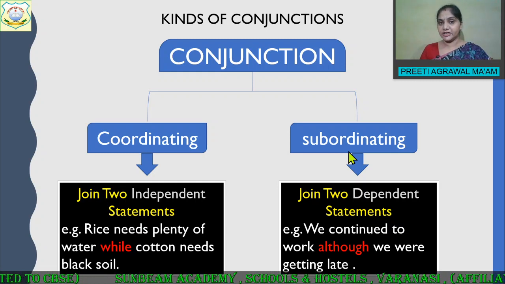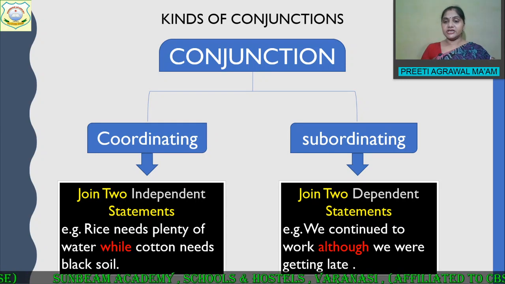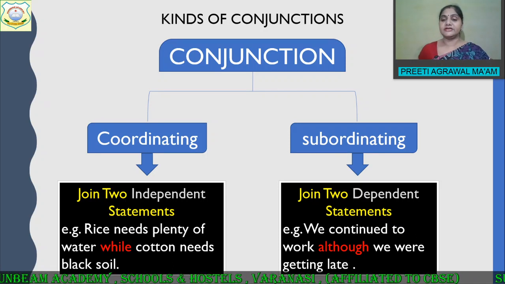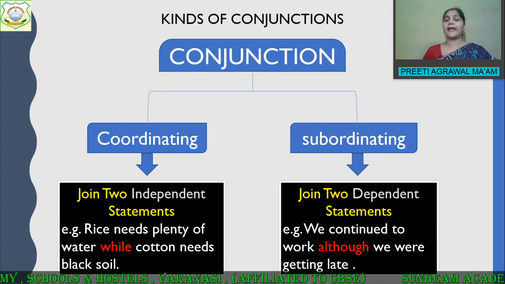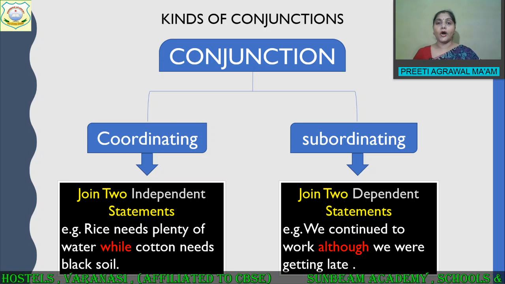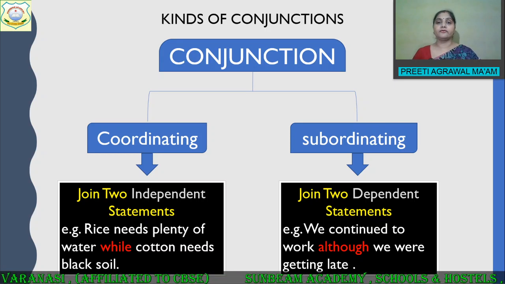What is subordinating conjunction? It means that in these types of sentences, you will be getting two clauses. One will be your independent and another will be your dependent clause. Independent clause is also called main clause. It is also called principal clause.